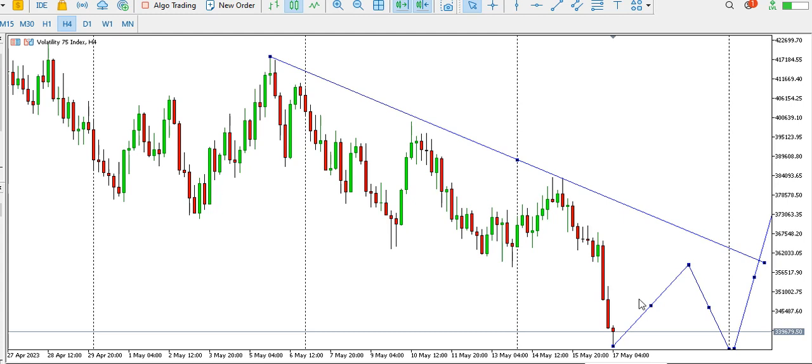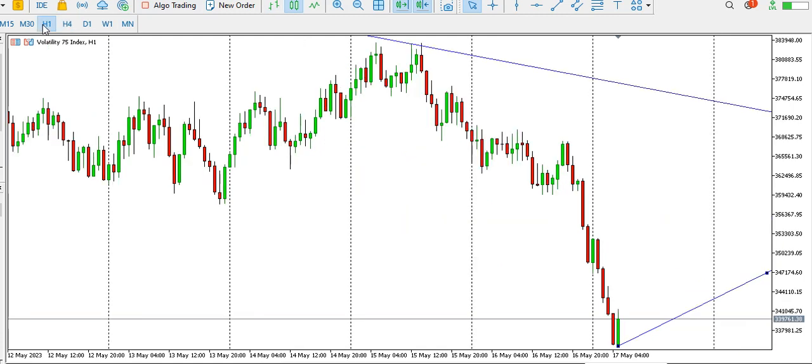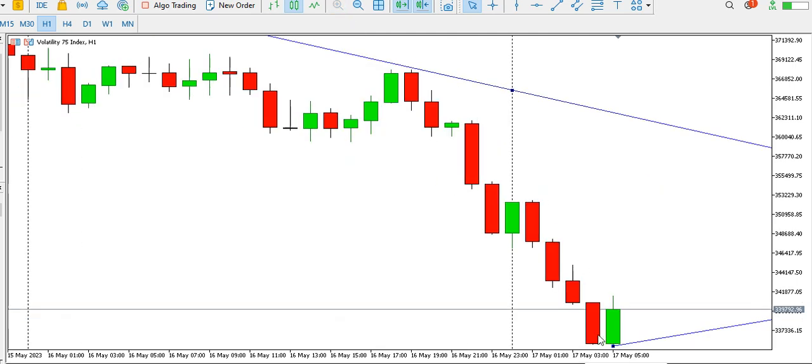Now let's try and look at the 1 hour time frame. What we have on the 1 hour time frame, Volatility 75 Index, you can see this down leg. You can see the down leg here. Looking at the trend line, we can see this bearish momentum. Currently price is trying to retrace to the top side.